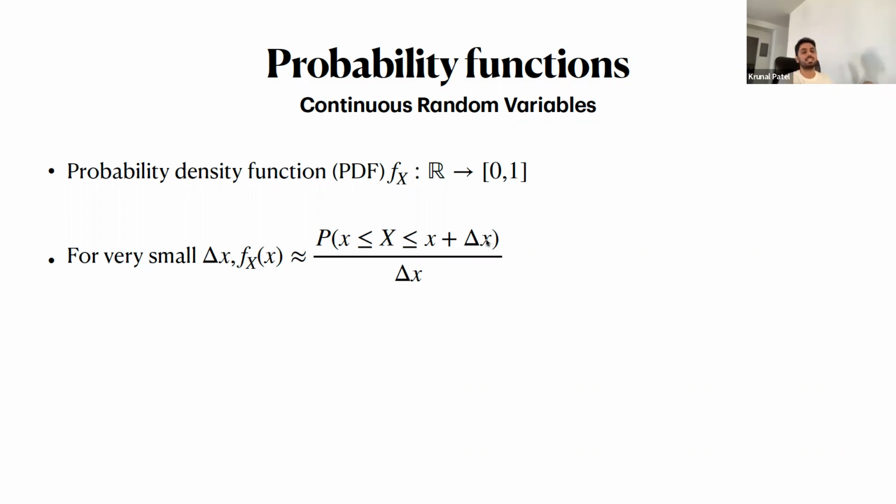It doesn't give me the probability of a particular point, because when we have continuous random variables, the probability of the random variable taking a single point value is always going to be 0. So what we measure is the random variable taking values within a certain range, and that is given by this probability density function. It is probability divided by the range. When this range is very small, it is approximately equal to the value of that function.